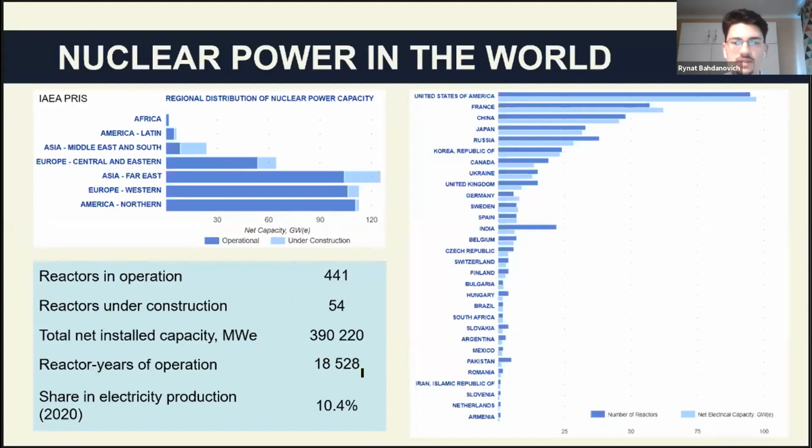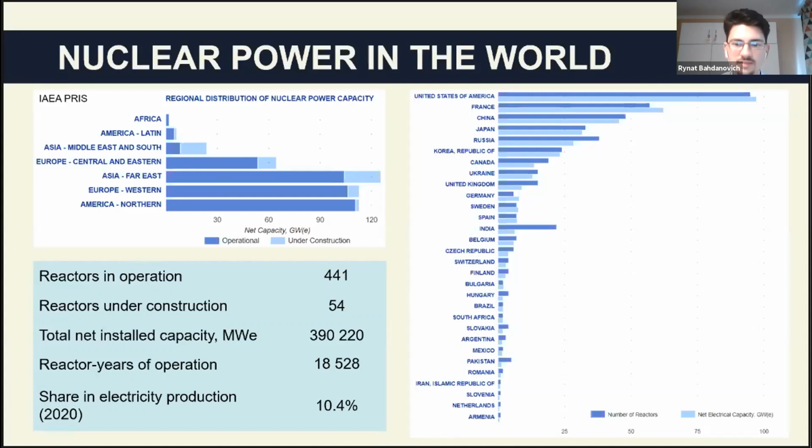New designs of nuclear facilities have appeared, and the characteristics of the existing ones have undergone significant changes. Today, there are 441 power units operating around the world, and 54 are at the construction stage. According to the IEA forecasts, by 2050, the amount of electricity generation by nuclear power plants may double.